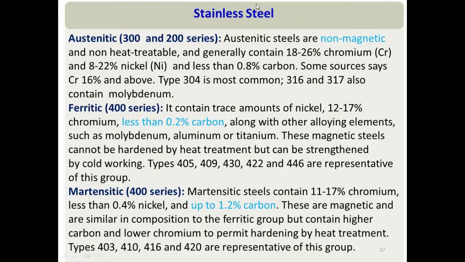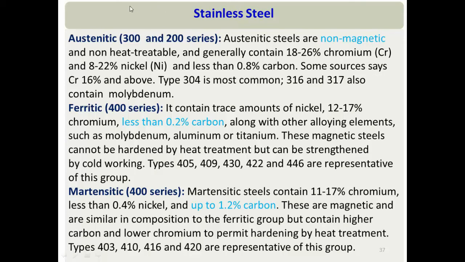That type of steel is called stainless steel because it does not get stained easily. So how does it arise when the chromium percentage increases above 12%? Some sources say above 10%, or some sources say 11% or 12%. So usually 10 to 12%. If it is above 12%, then that steel is called stainless steel.